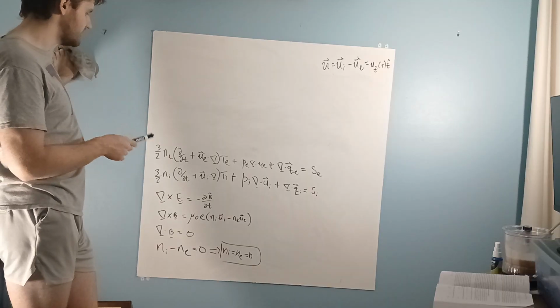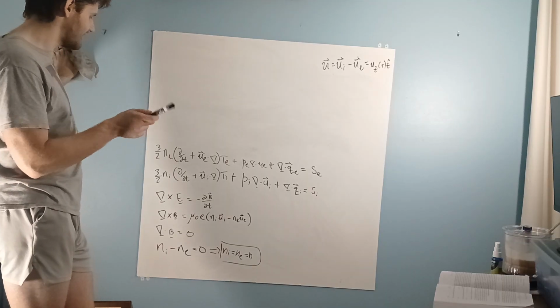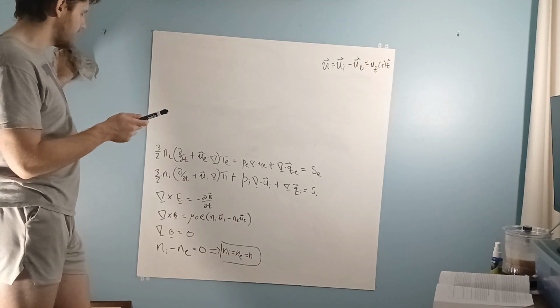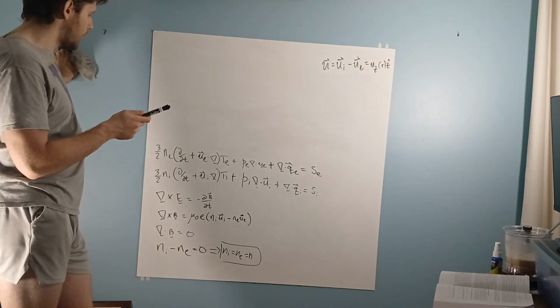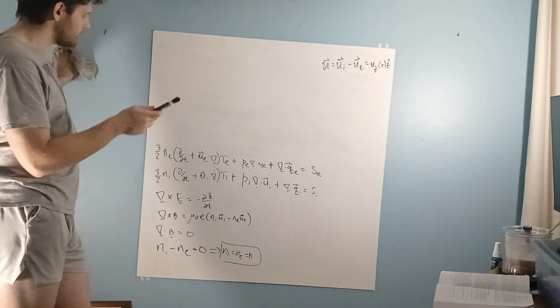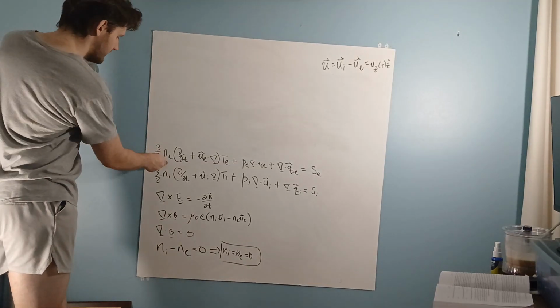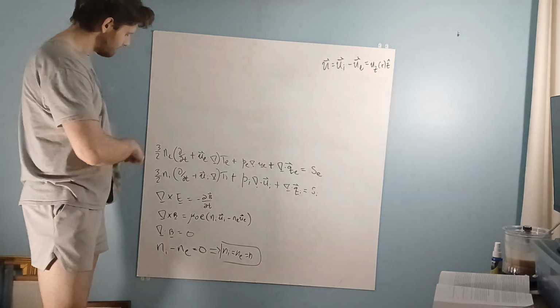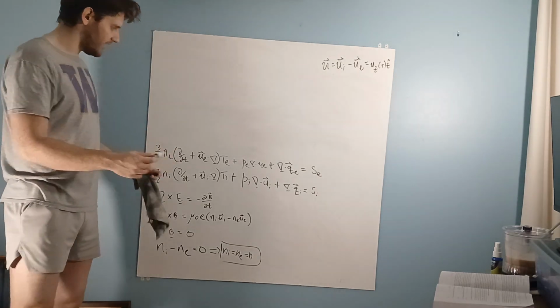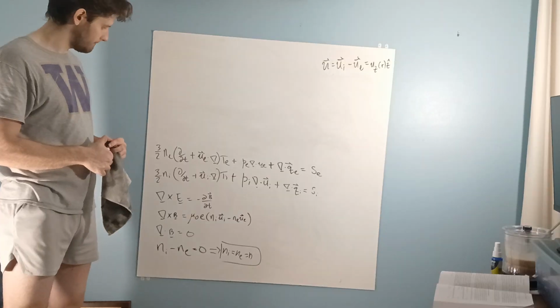But the problem is that if you subtract them, then, well, I don't think there's actually a problem with subtracting them, because you'll have NE and NI cancel everything, right?